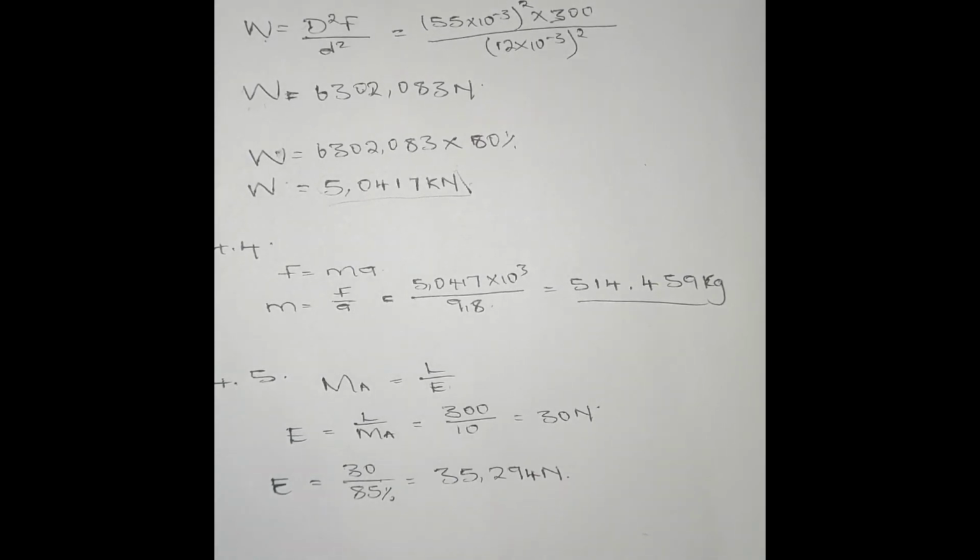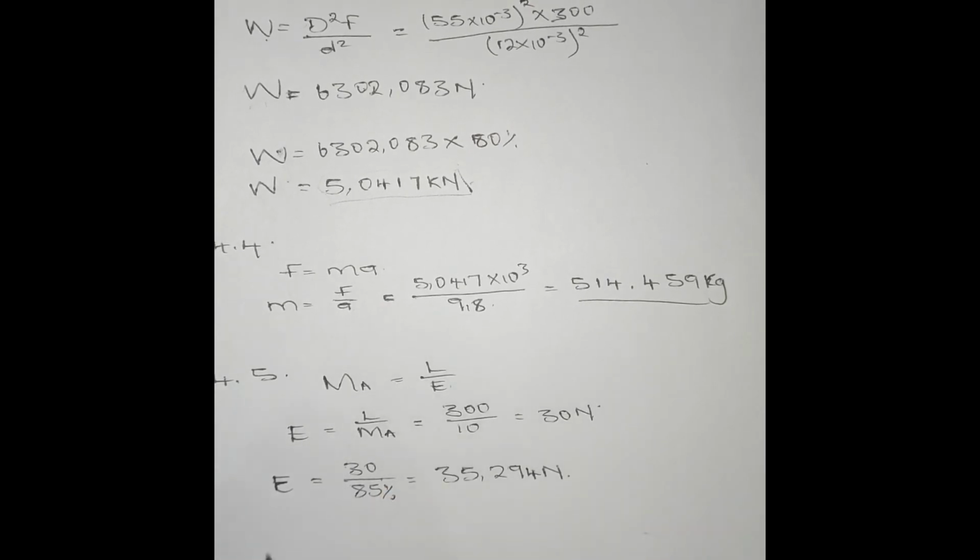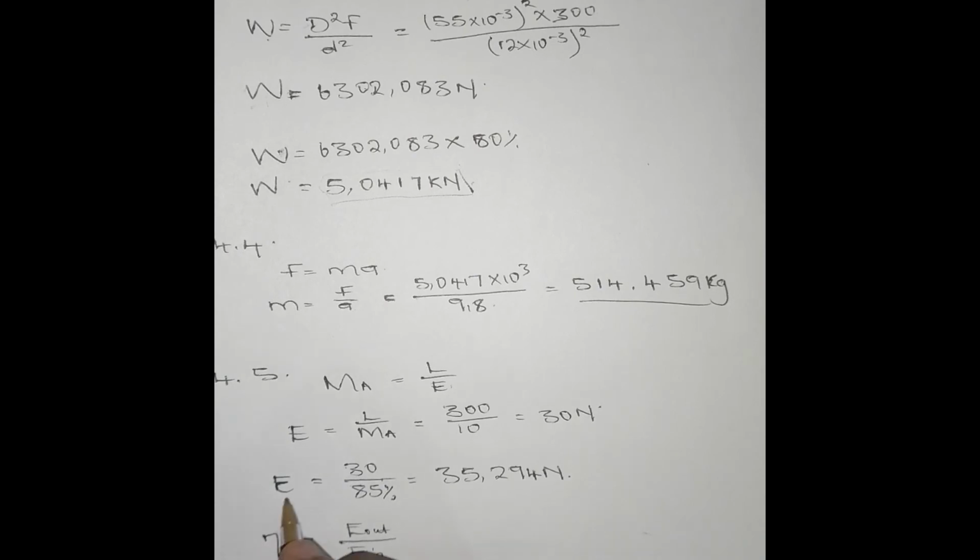You'll ask yourself why we are dividing by 85. We are dividing by 85 because efficiency equals E out over E in, and here we are looking for E in. So this is our E in and this is our E out.